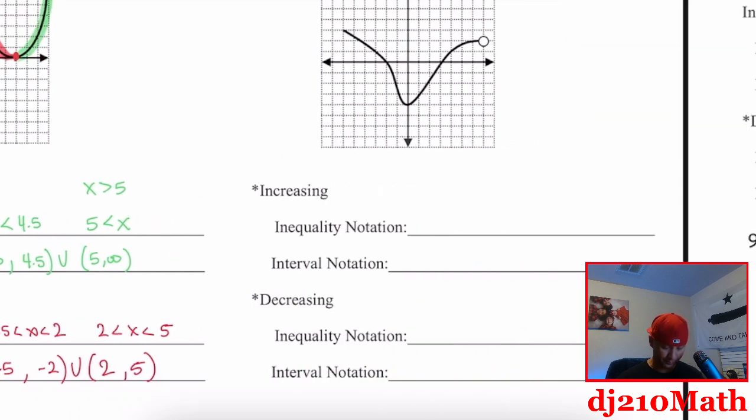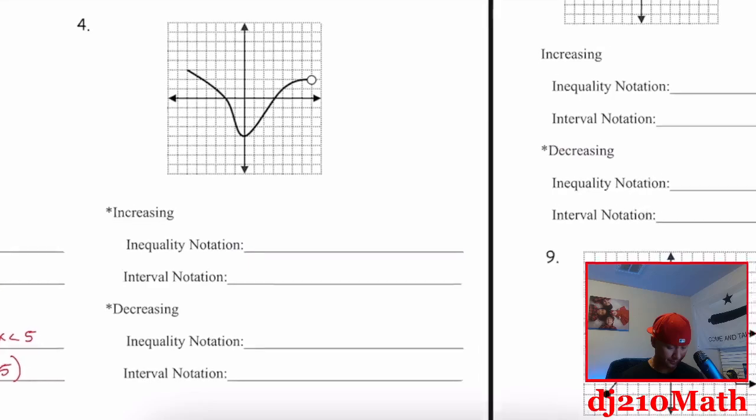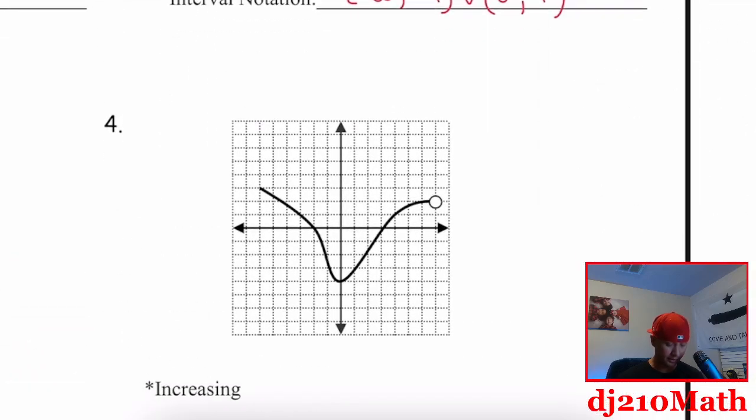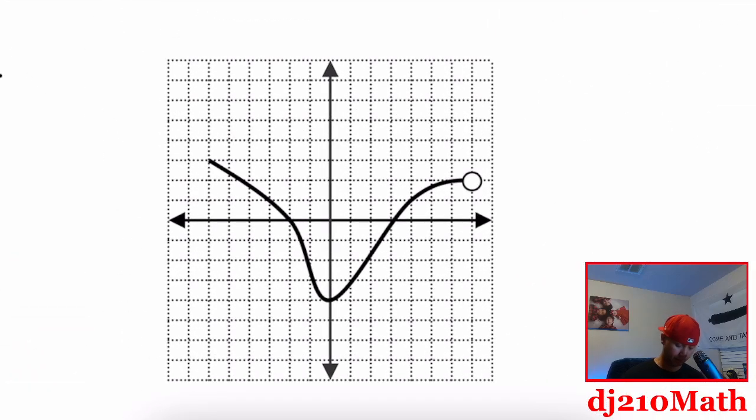Okay. Number 4. Again, I'm going to identify the downhills and the uphills. So coming from the left, all of this is decreasing. At 0, it changes over to increasing. All right, now we just write this as an interval.